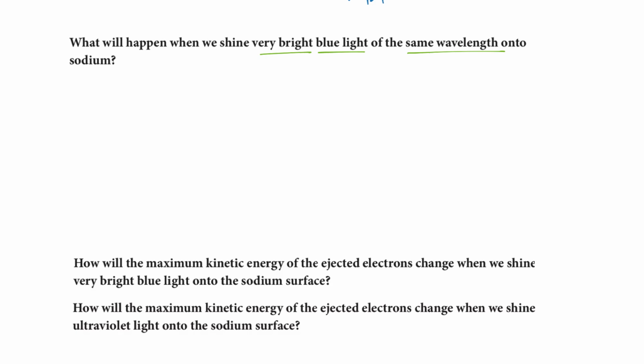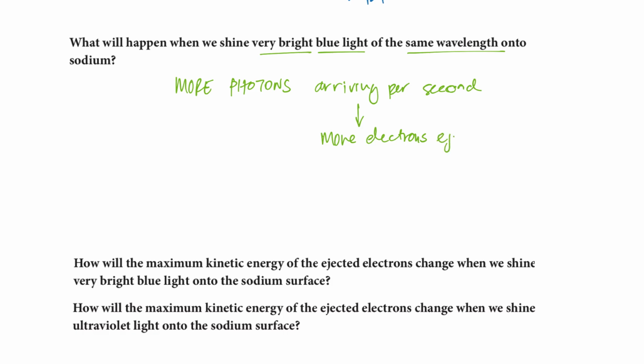If I have more photons arriving per second, then I'm going to get more electrons ejected per second.